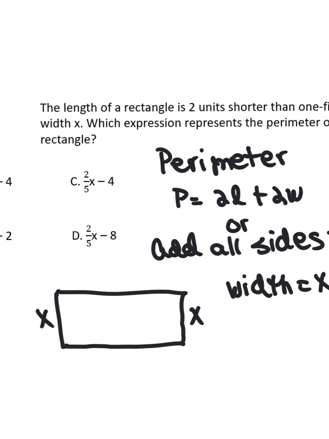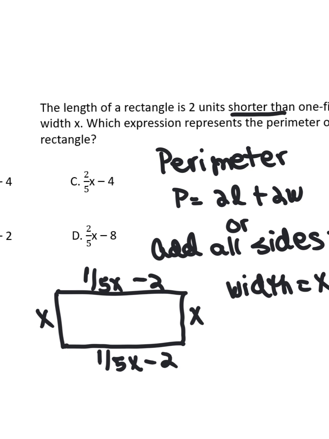My length is 2 units shorter than. Shorter than is one of those terms that we have to rewrite, the reverse terms. So when I see 2 units shorter than, I know that means I'm going to be subtracting 2, and I'm subtracting 2 from 1/5 x. All right, so I'm going to label both of my lengths.